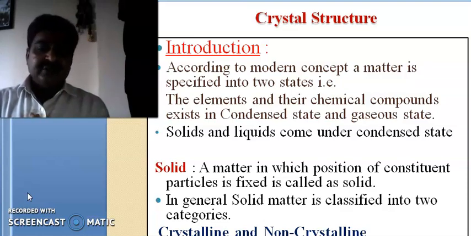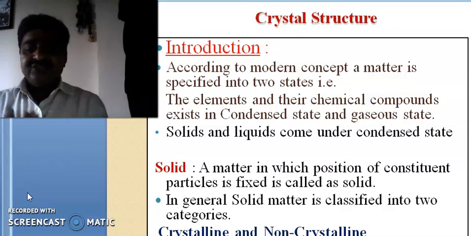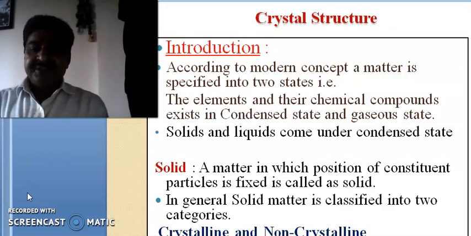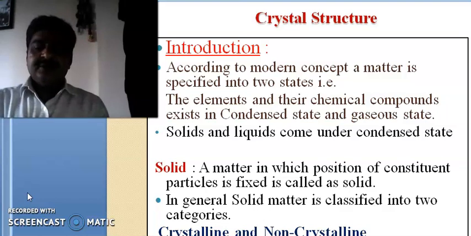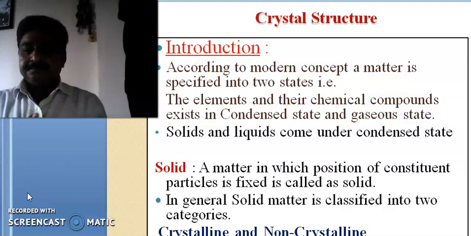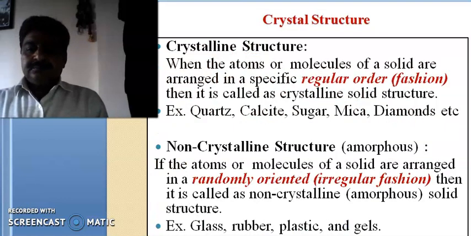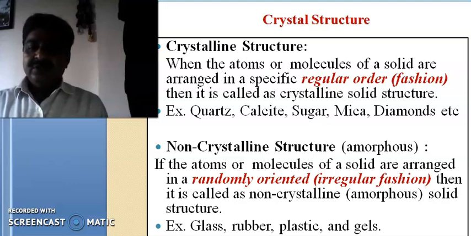Solid exists in crystalline form and non-crystalline, or amorphous, form.